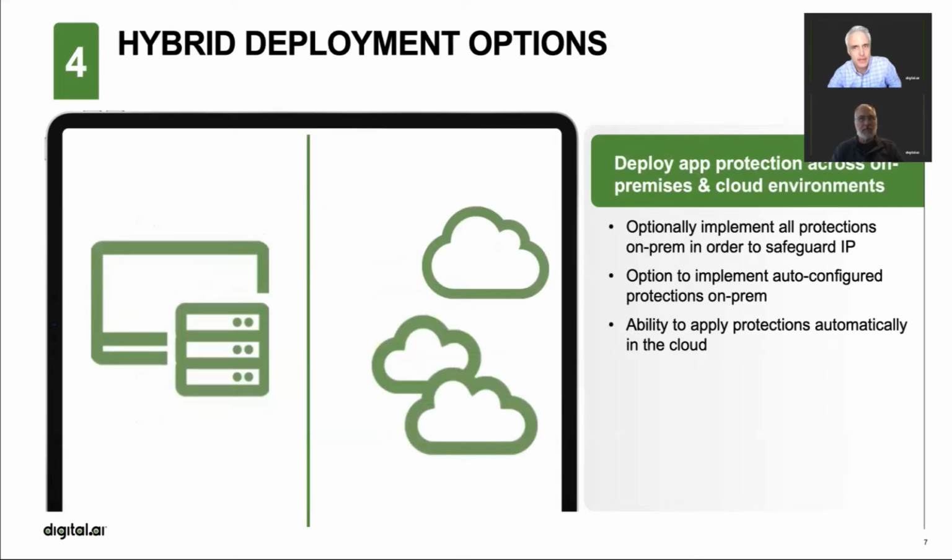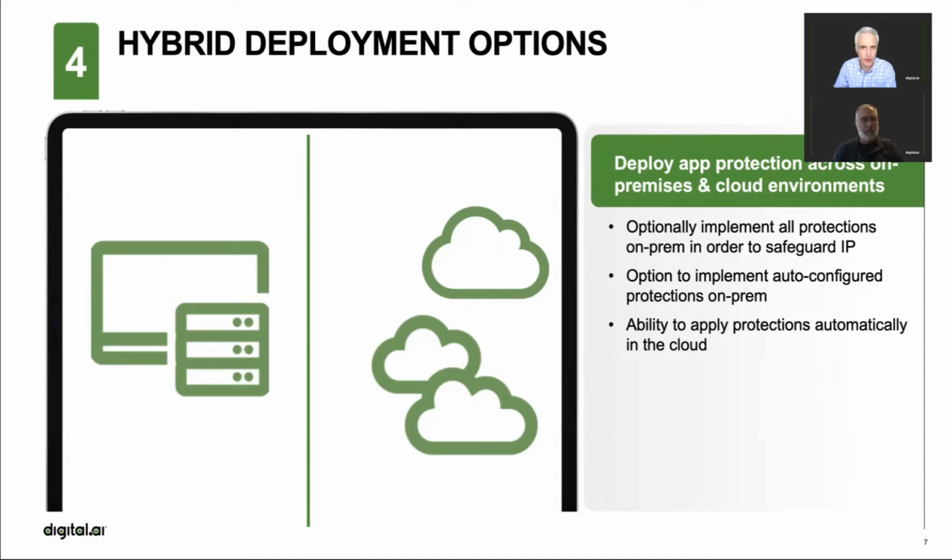Now, as with any security product, designers, architects, engineers, and InfoSec teams have to make trade-offs between ease of use, performance, and strength of protection. Some consider running in the cloud versus on-premises to be one of those trade-offs. With the addition of our Ascension platform release, you now have maximum flexibility to apply the level of protections that you want and need using the deployment option that you're most comfortable with.